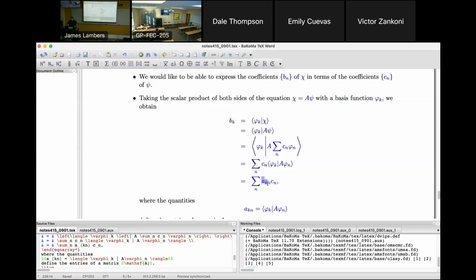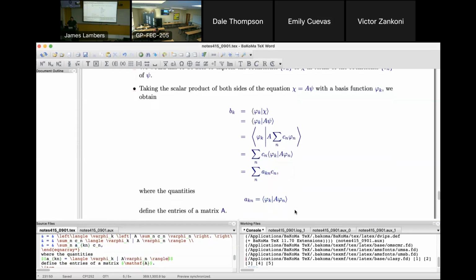They're related by a matrix of sorts, and this is how the matrix is defined. The entry in row k, column n, comes from the scalar product of phi k with A phi n. So if you get a handle on these matrix entries, then you can go directly from one set of coefficients to the other.